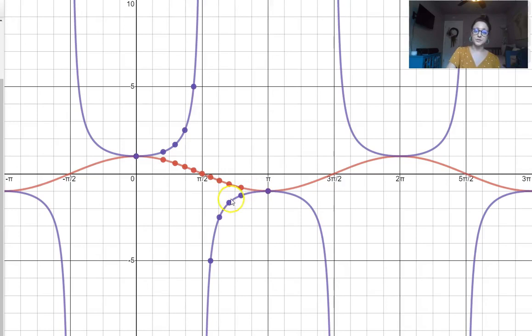So now you can think of it, your y values, the magnitude is getting larger and larger, but negatively. So wherever we had zeros for the red graph, we now have what for the purple graph? We now have vertical asymptotes, all right? Because again, when I take 0 and I find the reciprocal, it's now undefined.